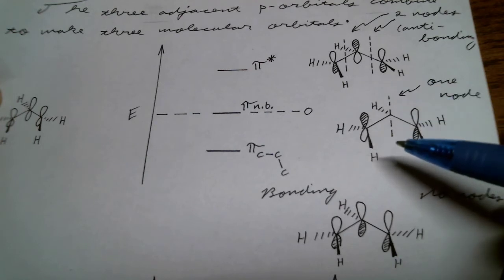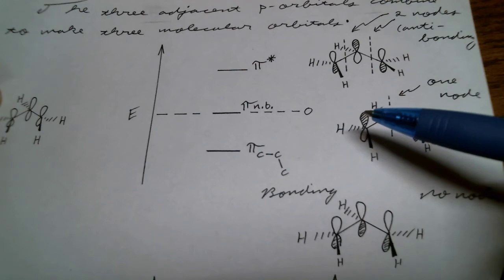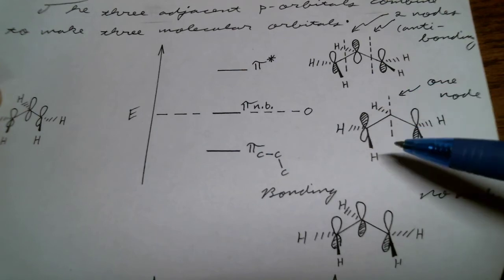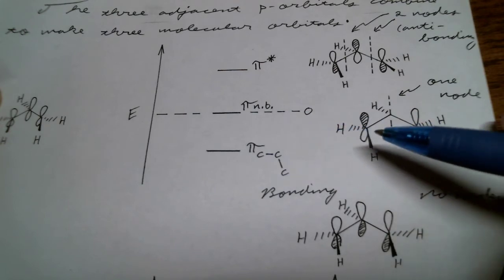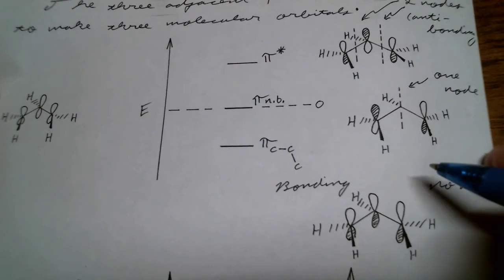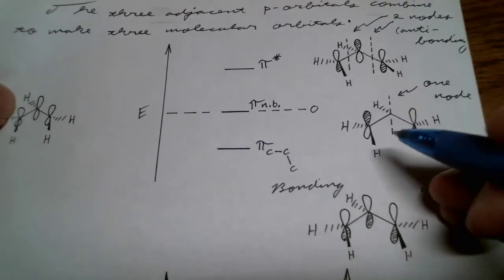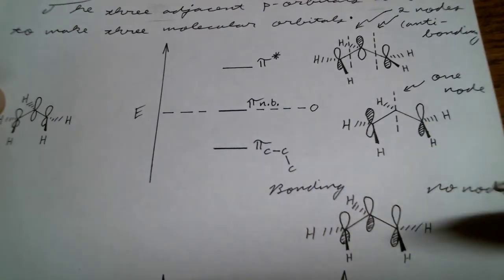That's just weird, right? But yeah, we stepped one step up in energy. We got to add a vertical node, right? We call that our pi non-bonding molecular orbital. We symbolize that by pi NB. It's just that second molecular orbital, right?